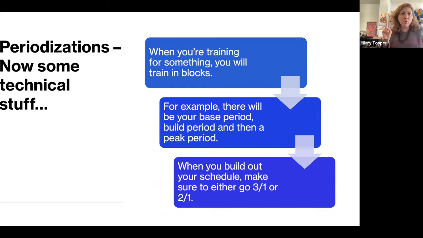And during those 2 weeks, I'm building upon the weeks prior. Most people do 3-in-1, which is 3 weeks on, 1 week recovery, right? So that's a month. And then it keeps going until you get to your peak period and your race period.